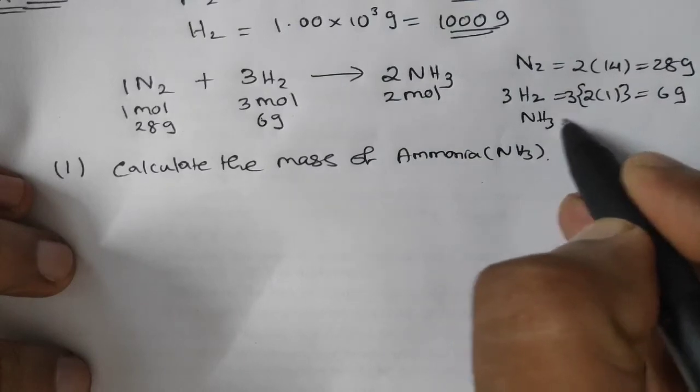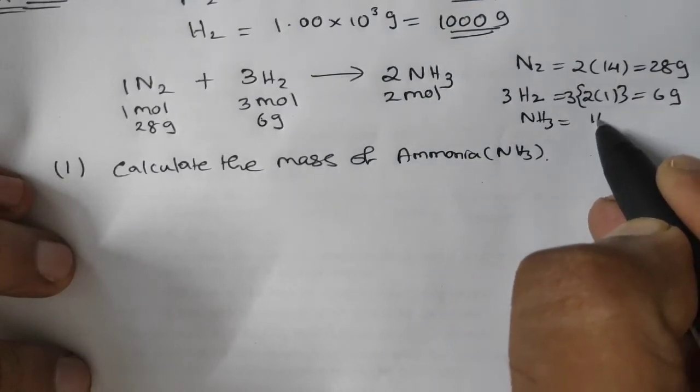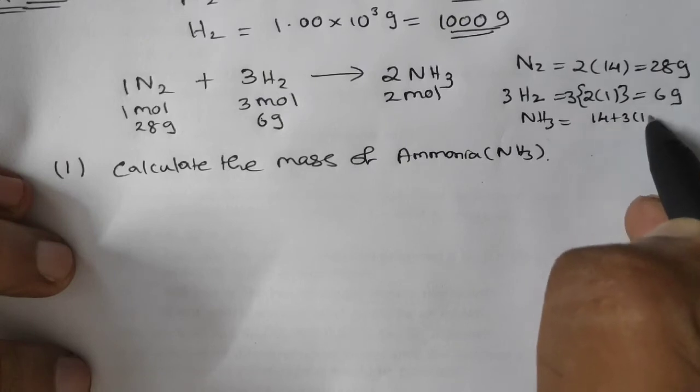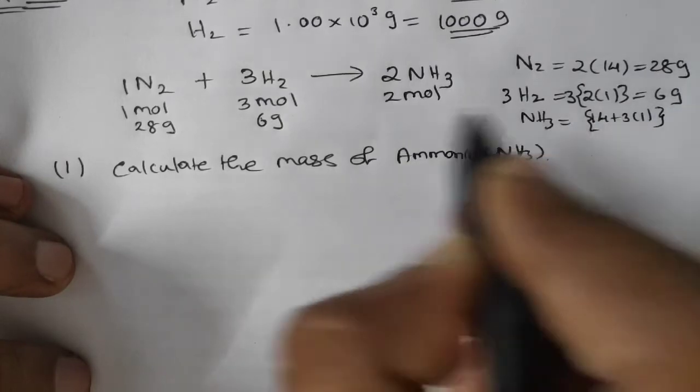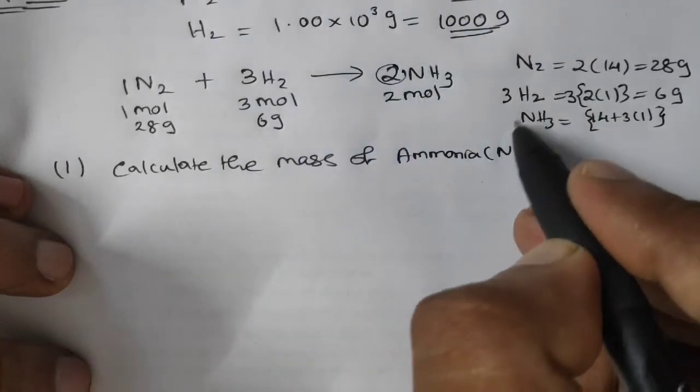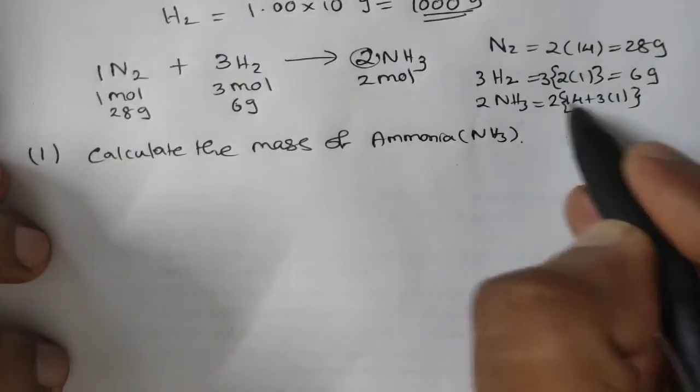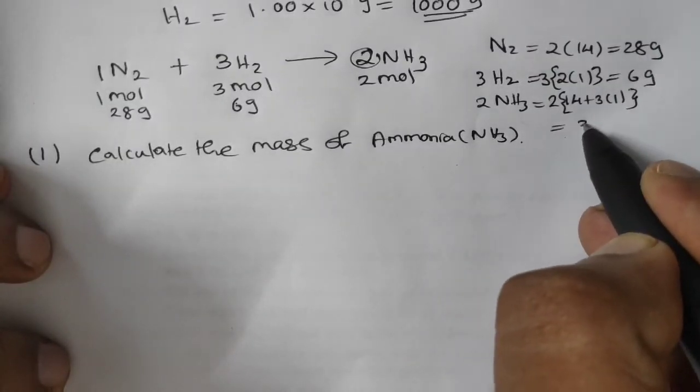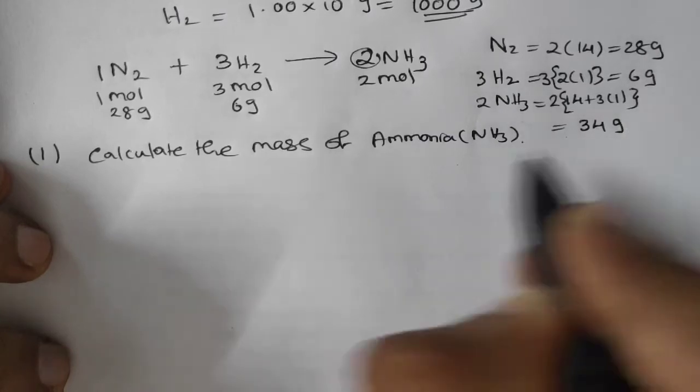To give how much ammonia? The molar mass of ammonia is 14 plus 3 into 1, that is 17. But there are 2 moles, so I will write 2 into 17, which is equal to 34 grams of NH3. Understood?